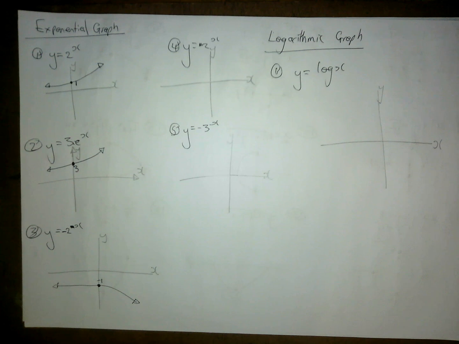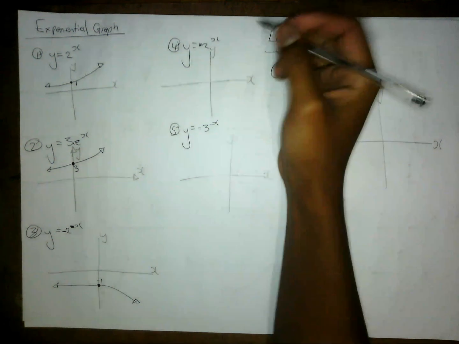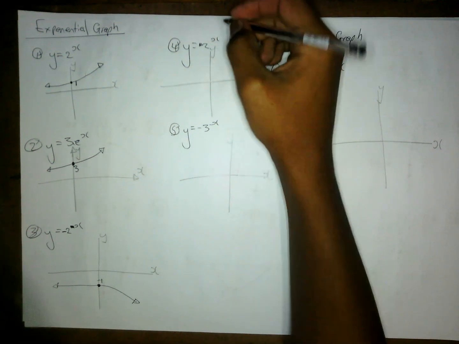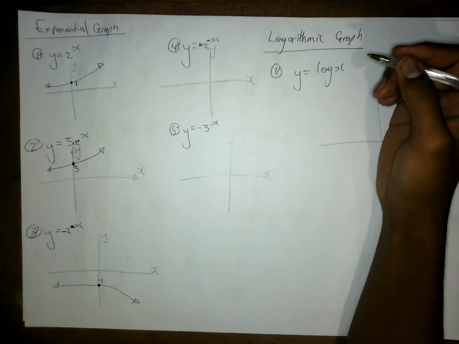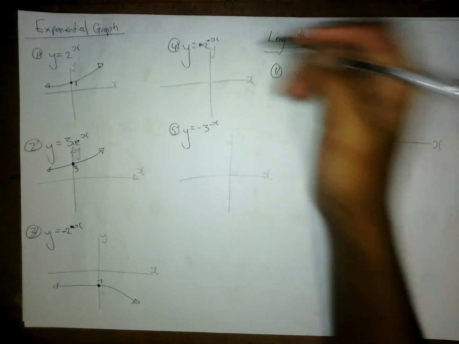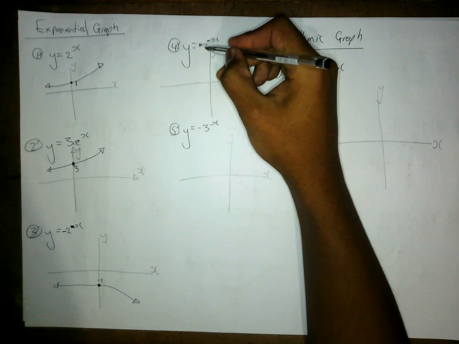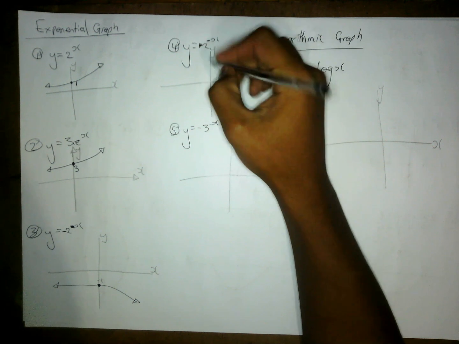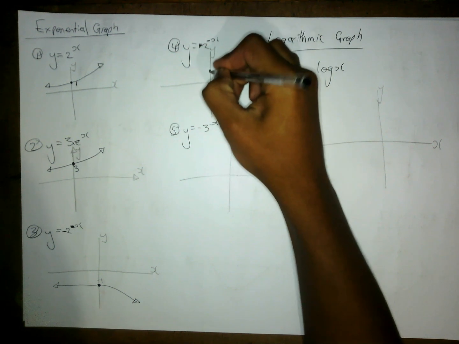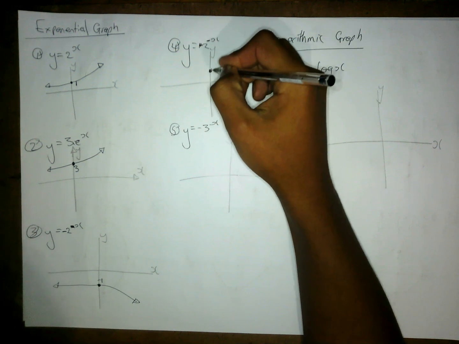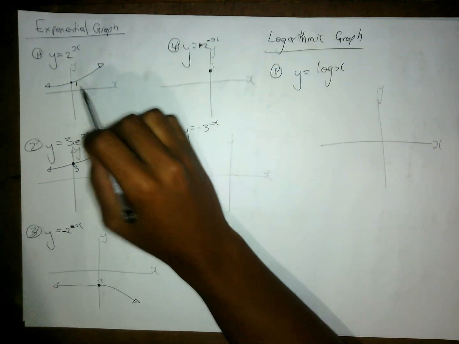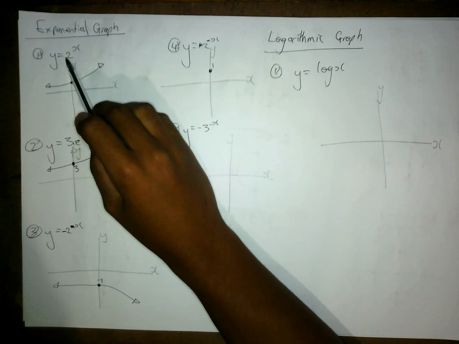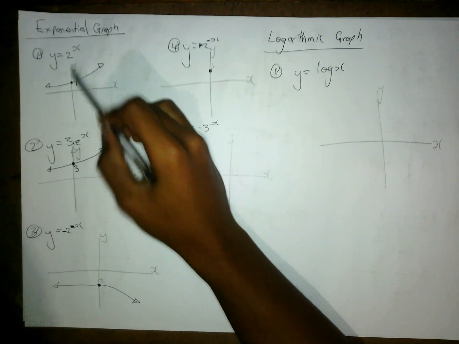So number 4 is going to be when the exponent is negative, but the number is positive. It's positive, so it's going to be on top. The 1 is going to be on top. When the number is positive, we're on the positive side of the graph.